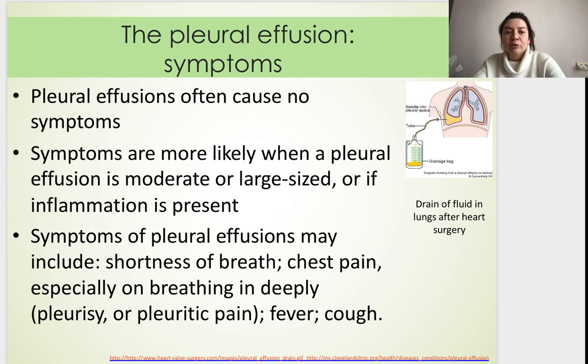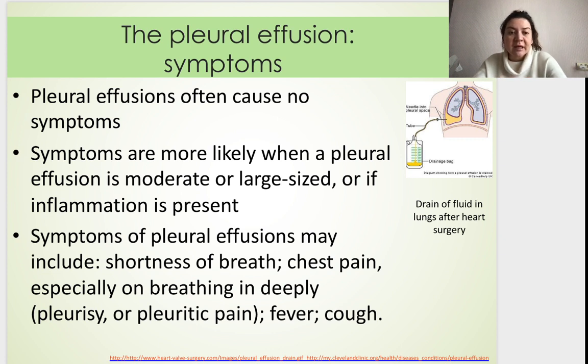Symptoms of pleural effusion. Yes, in general for pleuritis we said that it is pain, which is more typical for inflammatory pleuritis and for dry pleuritis. For pleural effusion, it will be a little bit different clinical picture. Pleural effusions often do not cause any symptoms, and the patient is asymptomatic.